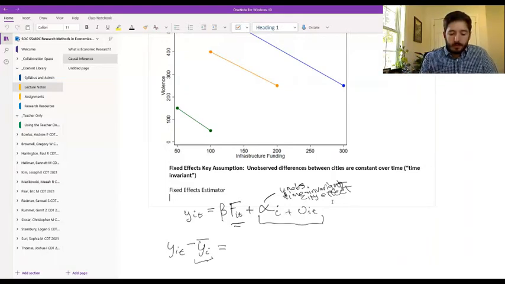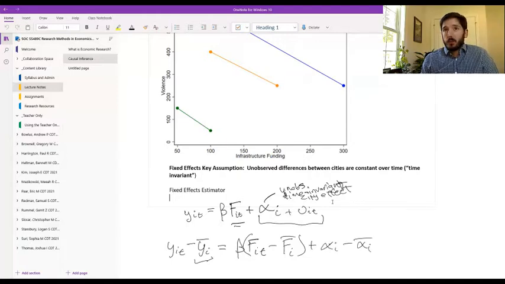Then beta times the mean of the funding variable, and then we're pulling out the mean of alpha i. Spoiler alert, it's a constant for that city, so this is just going to cancel out. And then we've got whatever our error term is, with the mean pulled out of that.